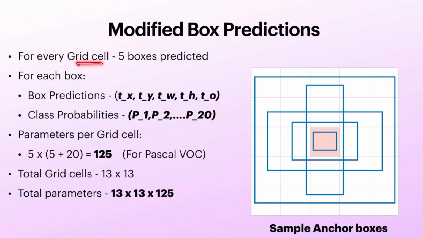Now for each grid cell I have 5 boxes, which will give me 125 parameters for each grid cell. In YOLO-V2 we have 13 by 13 grid cells. So the total number of parameters will be 13 by 13 by 125. This should be the output I will be getting from the network.